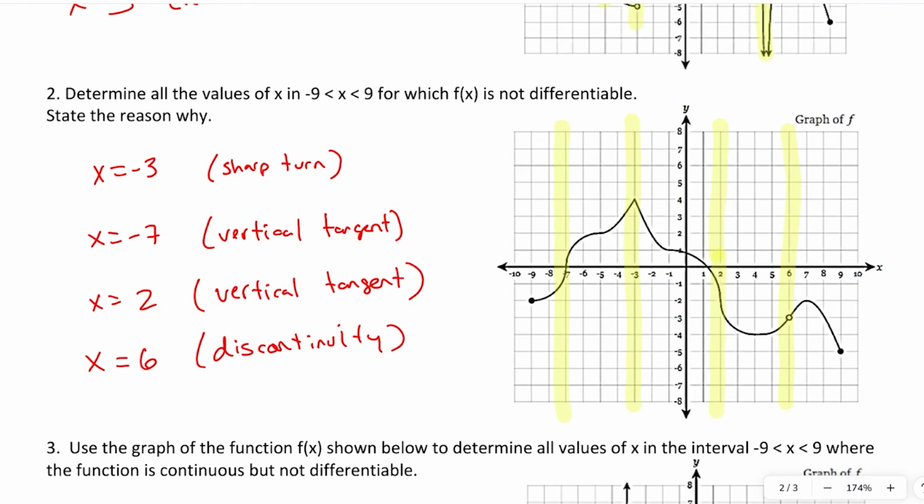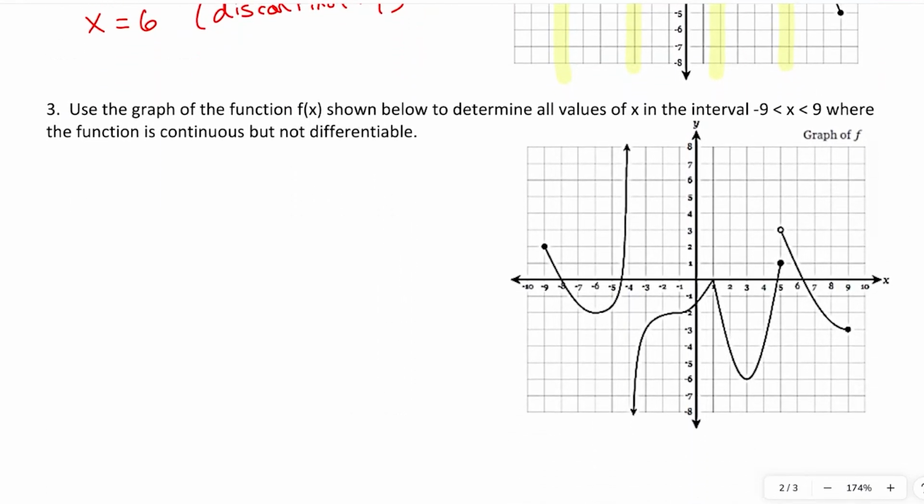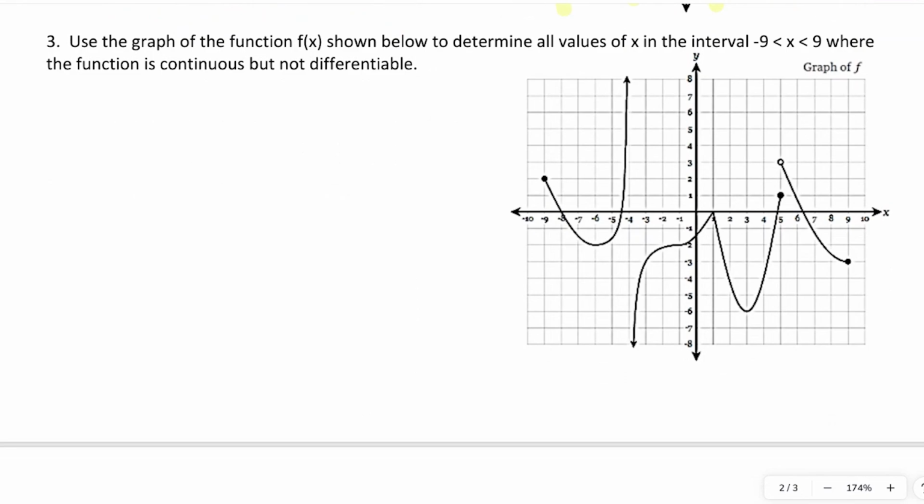All right. Any questions about how to identify visually points where the function is continuous, not continuous, differentiable, or not differentiable? The differentiability question is like, can I find the slope there? Is there a slope there? Number 3 says find where it's continuous but not differentiable.